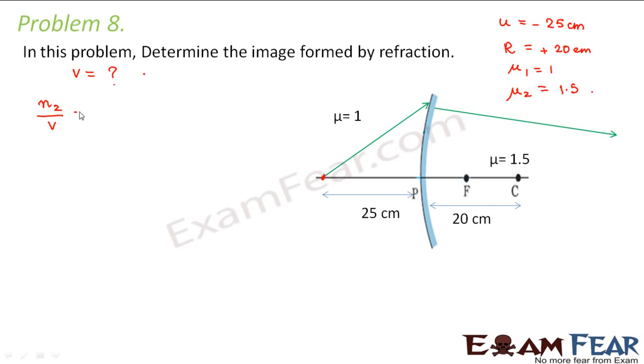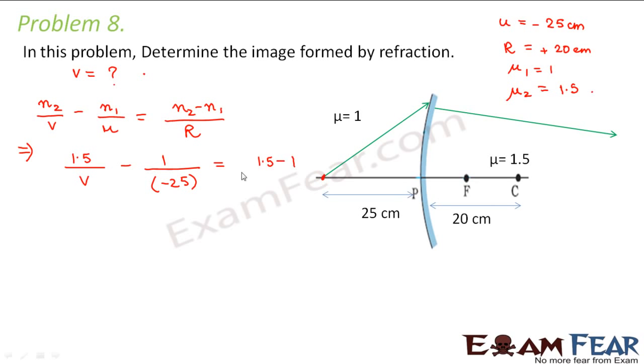We found that N2 by V minus N1 by U is equal to N2 minus N1 divided by R. Putting in the given values, 1.5 divided by V minus 1 divided by minus 25 is equal to N2 minus N1 divided by R. So we get 1.5 divided by V plus 1 by 25 is equal to 0.5 divided by 20.